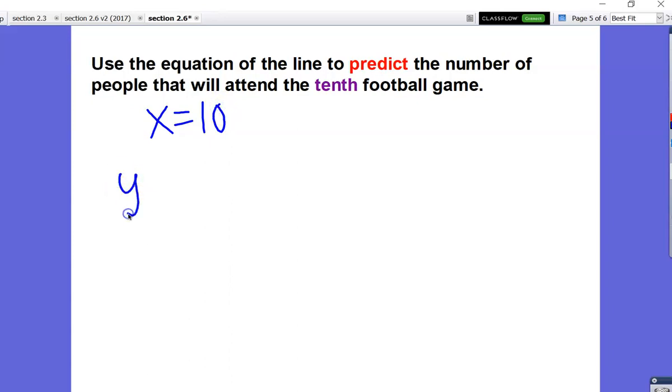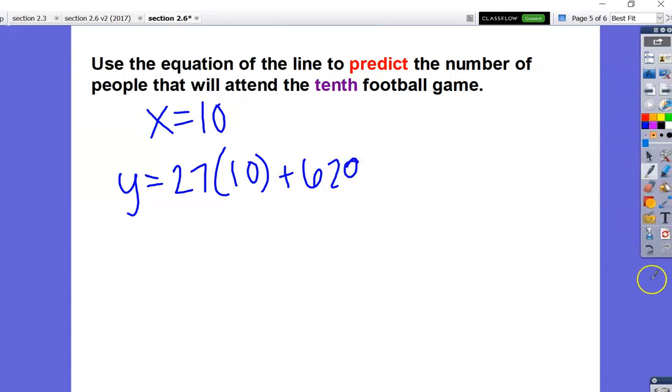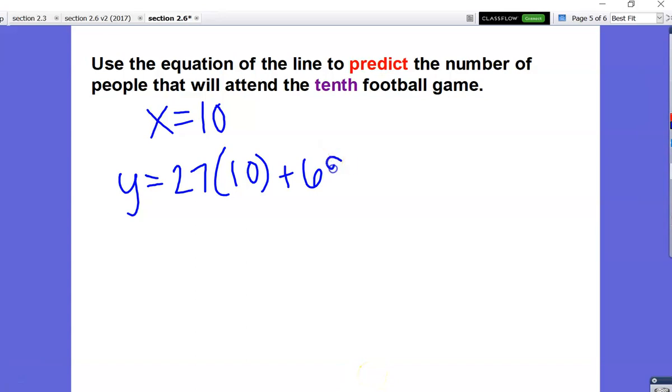Using our equation from the previous slide, we're going to substitute 10 in place of X, and then we'll simplify.